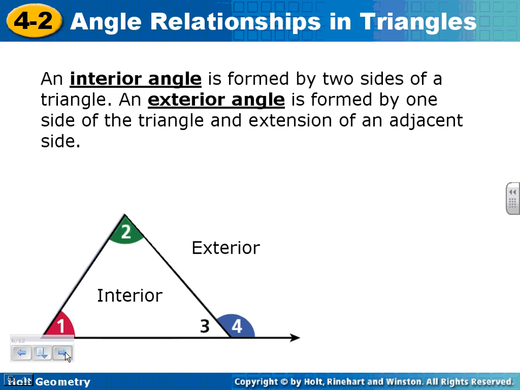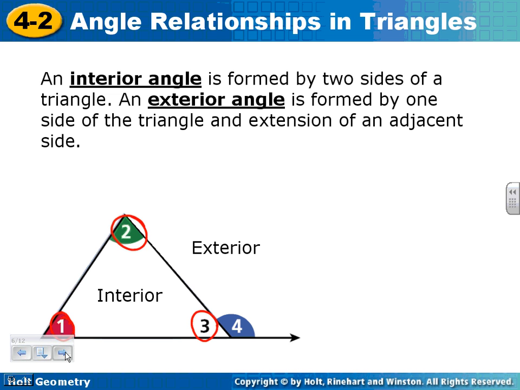An interior angle is formed by two sides of a triangle. An exterior angle is formed by one side of the triangle and an extension of an adjacent side. Okay, so your interior angles are this one, this two, and that three.